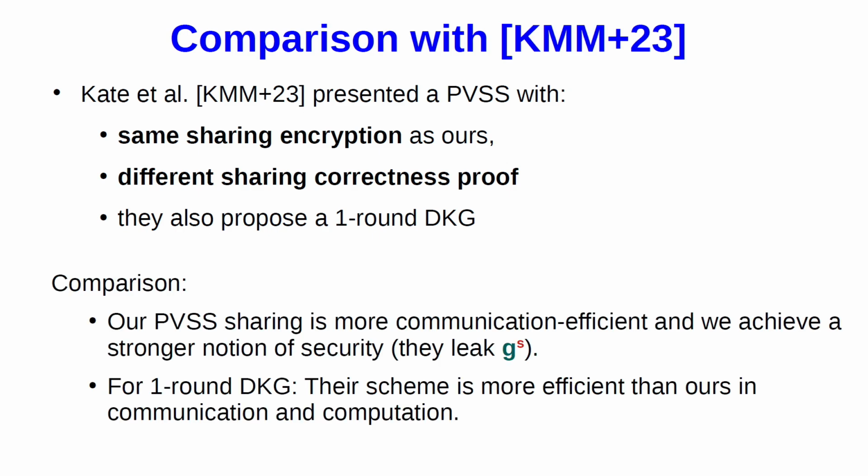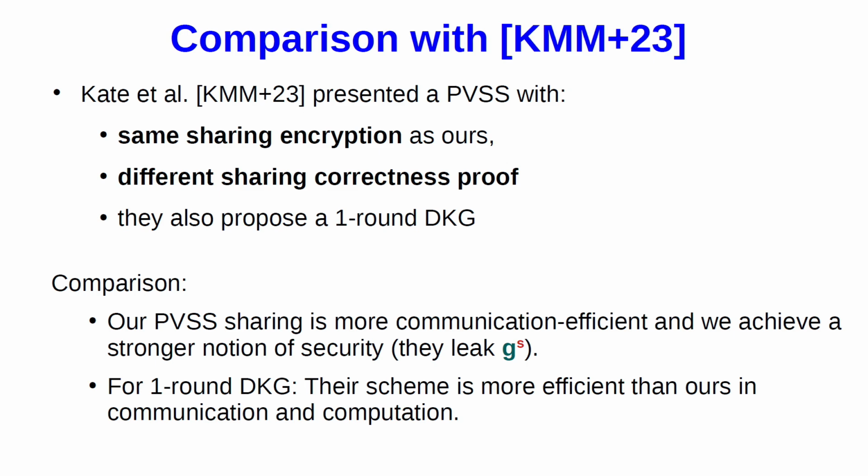Now, for the comparison between these two works, you can see their paper for a detailed comparison, but the summary is that our PVSS is more communication efficient, and has also a stronger notion of security based on indistinguishability of secrets, while they leak some information about the secret, because that's okay for their application. When it comes to the one-round distributed key generation, their scheme is more efficient because, in few words, they are able to reuse some of the communication that they had for the proof of sharing. You can check the details in their paper if you're interested.